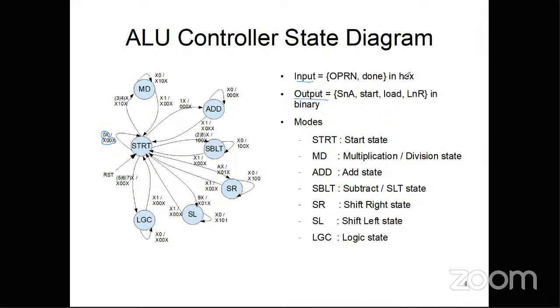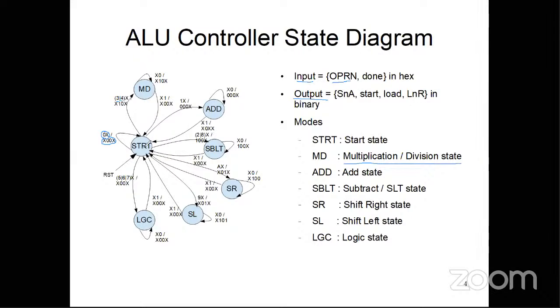So it's saying that as long as my operation code is 0, I'm just at that state. Okay, nothing is happening. But as soon as my operation code becomes 3 or 4, it goes to a state called MD, which basically is reserved for a multiplication division state.